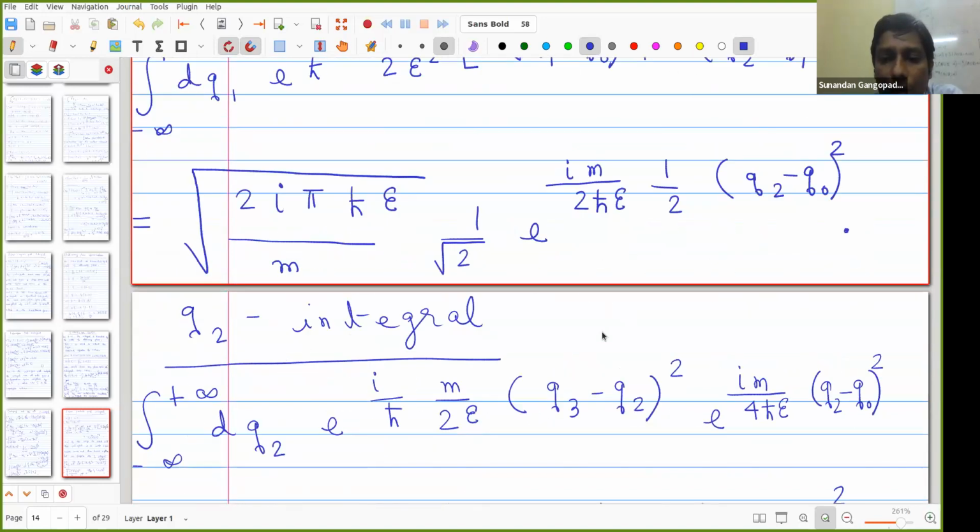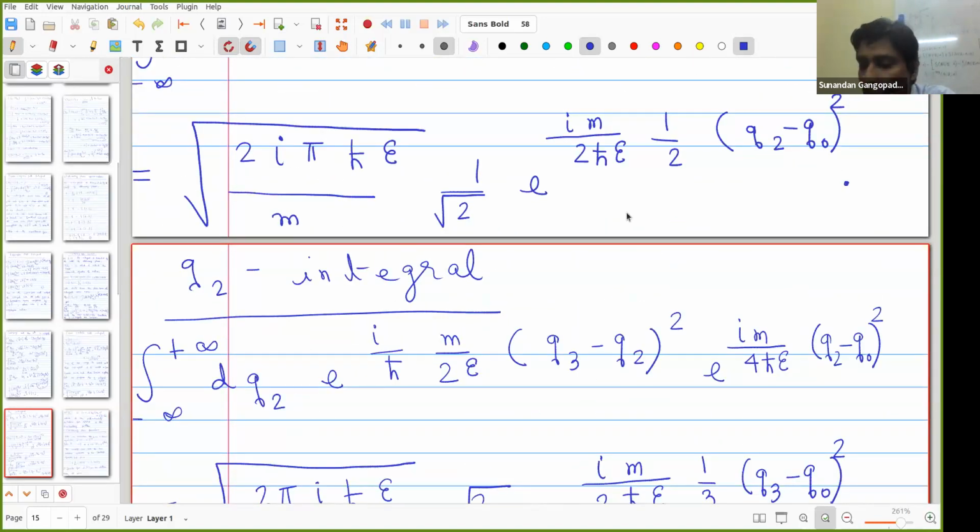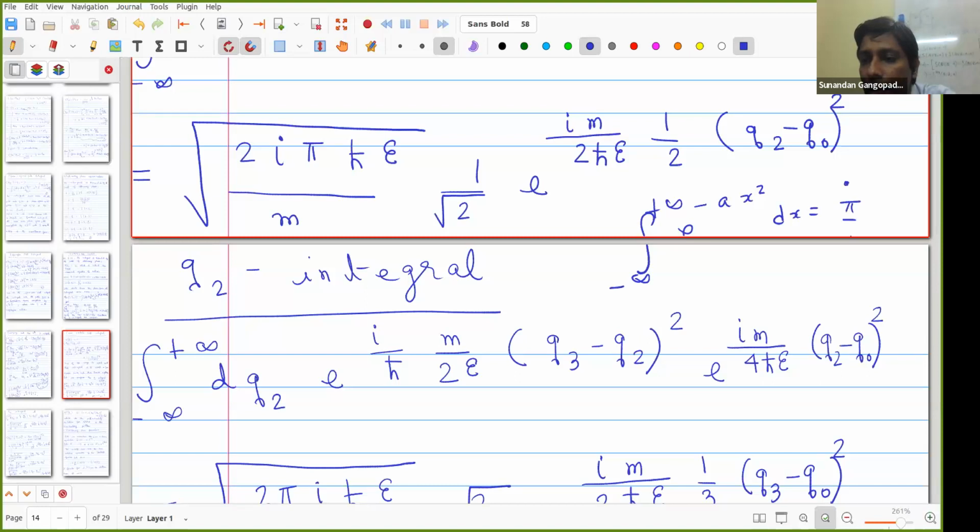I wrote it down earlier also. In usual Gaussian integrals, you will find something like the integral from minus infinity to infinity of e to the power of minus a x squared dx, that is equal to the square root of pi by a, with the restriction that the real part of a must be greater than 0.